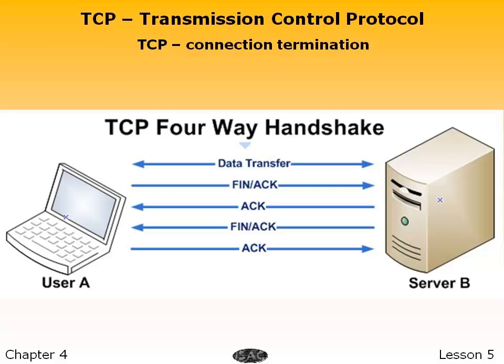Acknowledgments for data sent, or lack of acknowledgments, are used by senders to infer network conditions between the TCP sender and receiver, coupled with timers. TCP senders and receivers can alter the behavior of the flow of data.